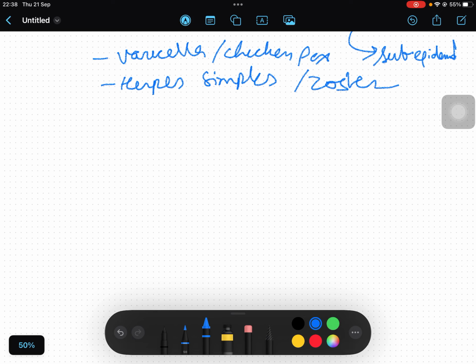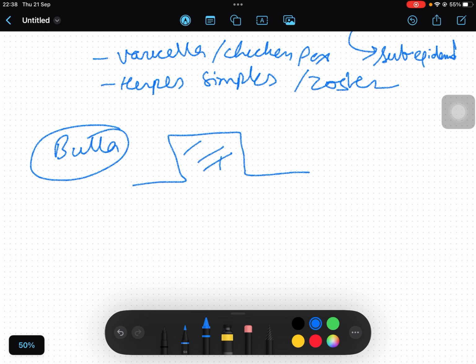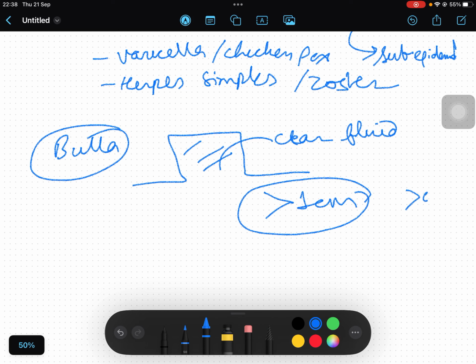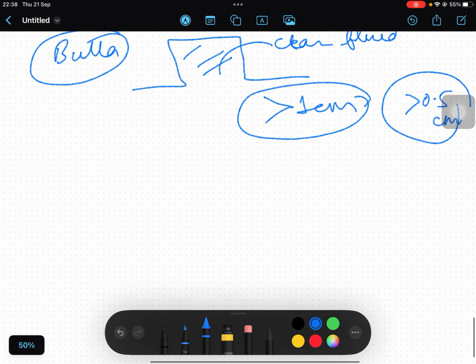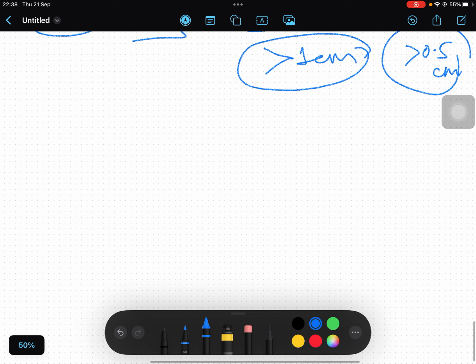If the vesicle enlarges, it forms a bulla. Bullae are elevated lesions that contain clear fluid, and the size of which is more than 0.5 centimeter, or more than 1 centimeter. The diseases in which vesicles and bullae are present, we call vesiculobullous lesions or vesiculobullous diseases.